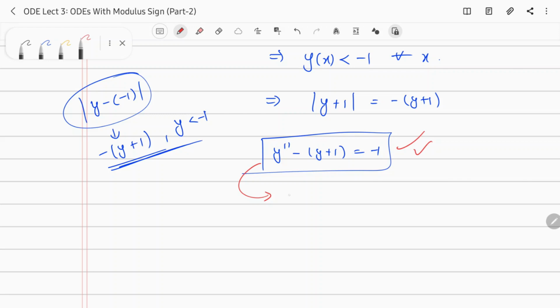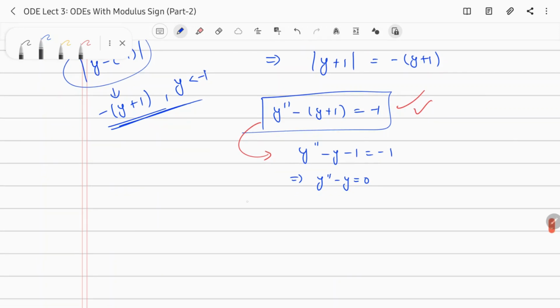If I write it further, y'' + y + 1 = -1, and then it will be y'' + y = -2, right?